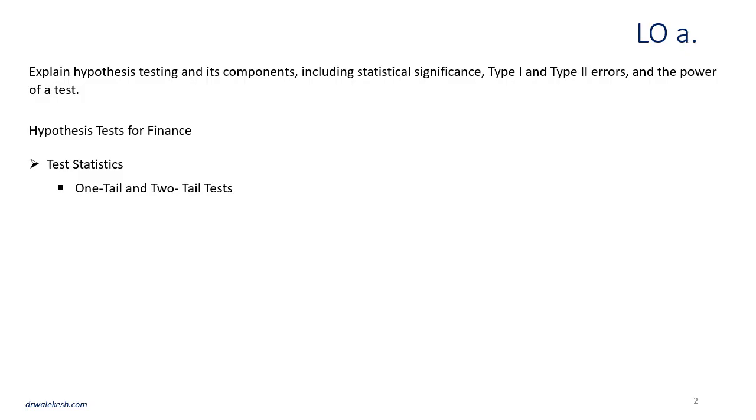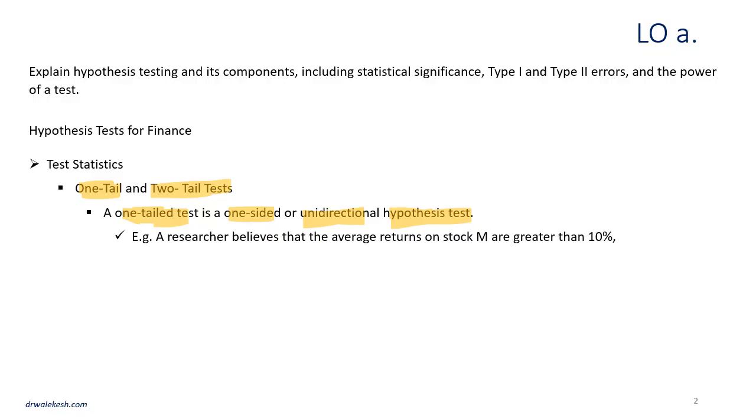So let's look at one-tailed test and two-tailed test. One-tailed test is a one-sided or a unidirectional hypothesis test. To better understand what is going on, a researcher believes that the average returns, that's X bar, that will be alternative because that's the researcher's belief.